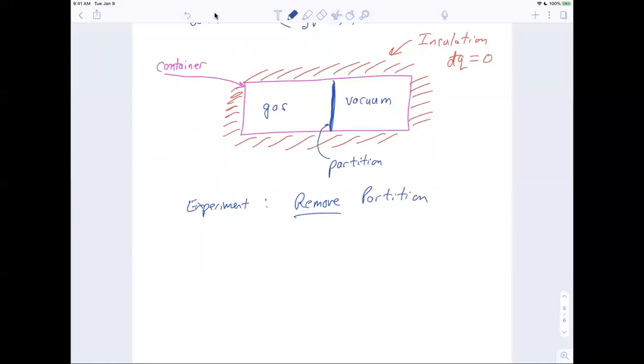Everyone get the point of the experiment? Initially we have gas at V1, let's say, and on the other side there's nothing.